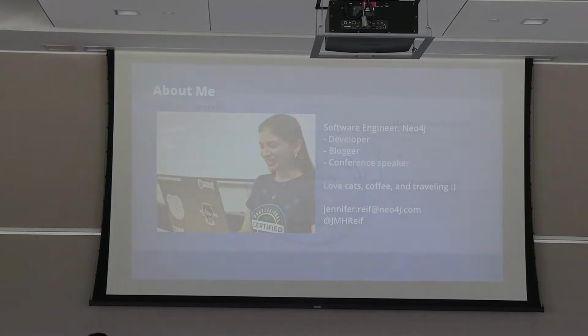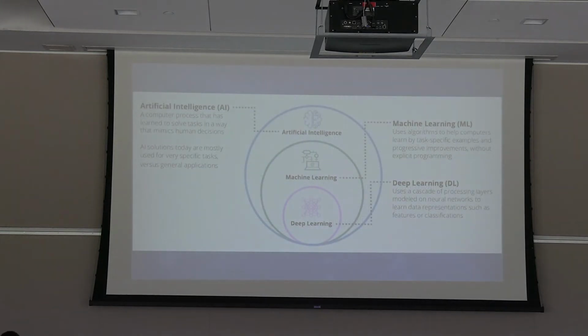So we're going to start with just a high level of these three main topics, and we're actually going to cover all three of these today, but we're going to start by looking at an overall definition. So the way I and some of my colleagues at Neo4j like to think of it is that artificial intelligence is a broader category. It's just looking at how computers solve very specific tasks in different ways to mimic and make it similar to human decision making.